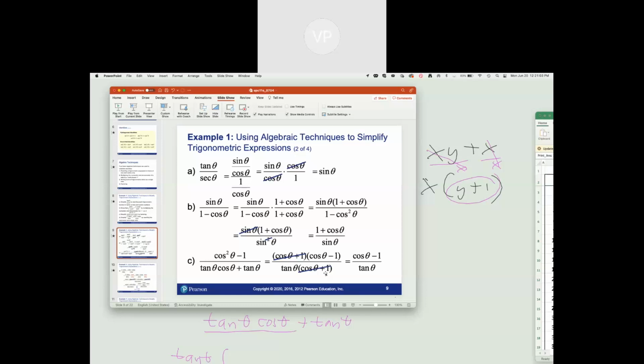And then I divide everybody by tangent because that's what I pulled out. And I'm sorry if that's kind of tight on the bottom here. But those cancel, leaving me with a cosine. And then these cancel, leaving me with a 1 because tangent divided by tangent is 1. So hopefully that answers the question you had there.